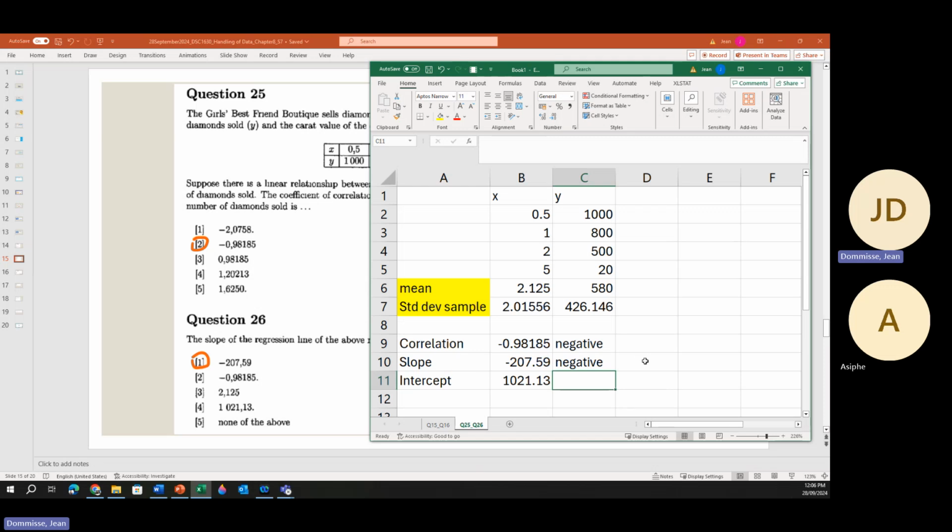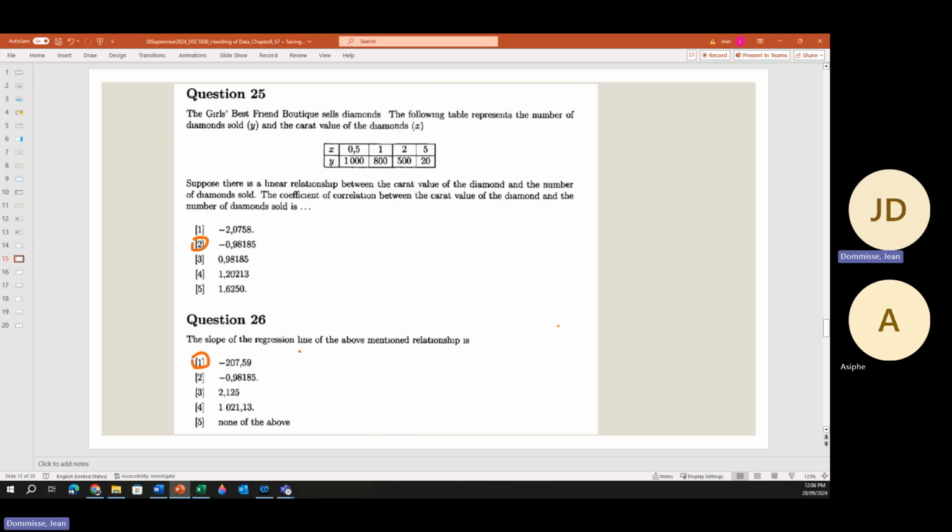What should also be the same, and let's quickly test it, is if we worked out the slope by looking at two data points. So let's use this data point and this data point.